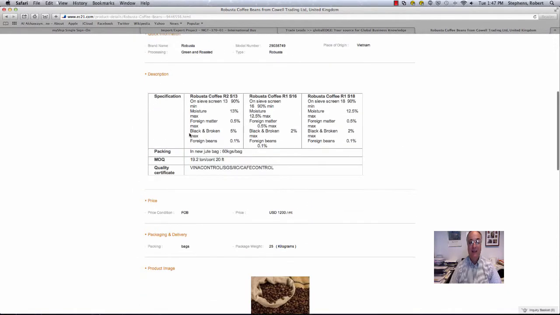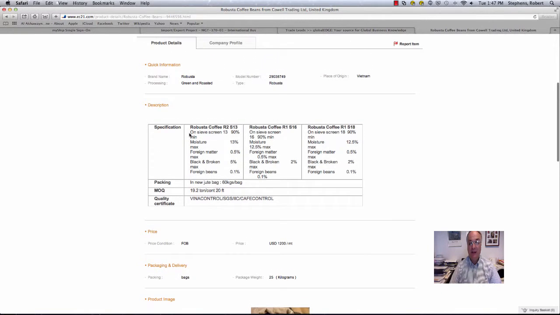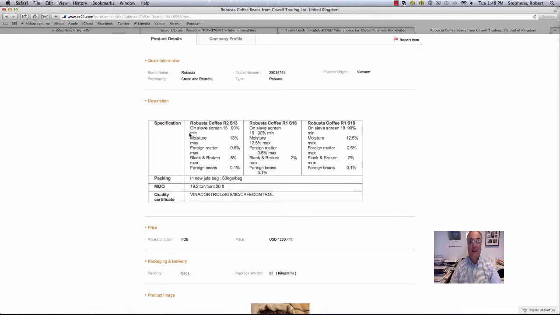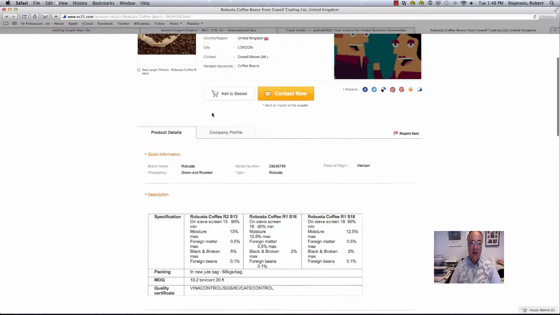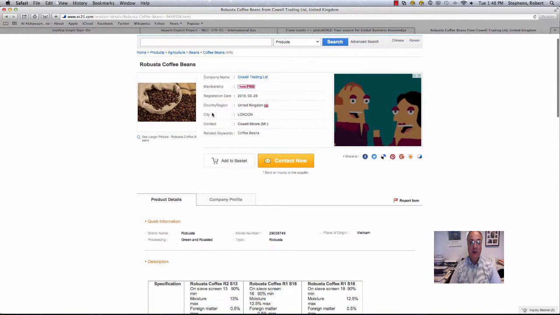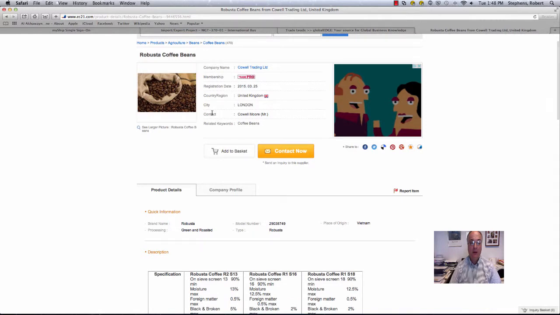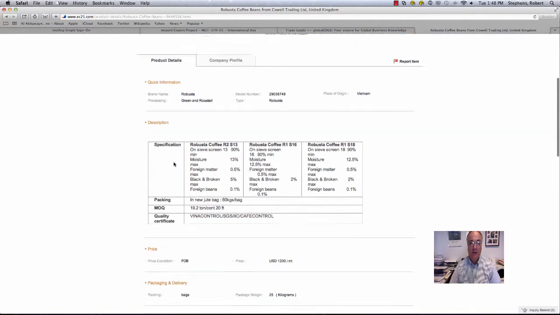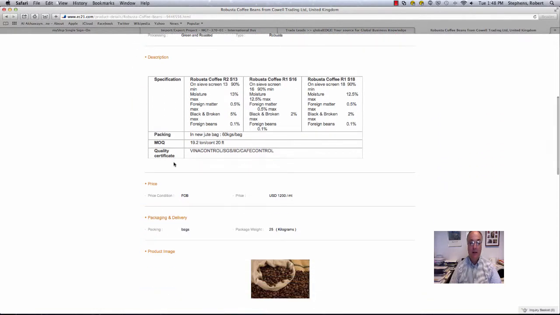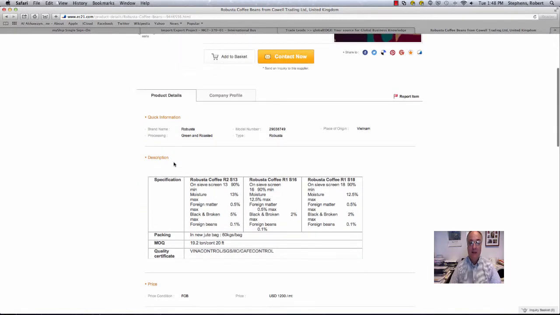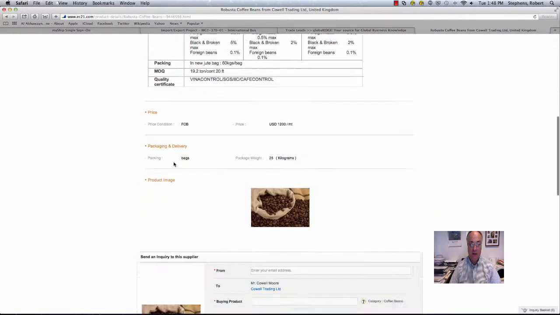So actually this gives us enough information really to get started if we wanted to buy these beans from Vietnam. We might want to email the person or call the person, Mr. Cowell Moore, to get a few questions answered. For example, I would like to know from what port they would be shipping. That does not appear to be listed here.